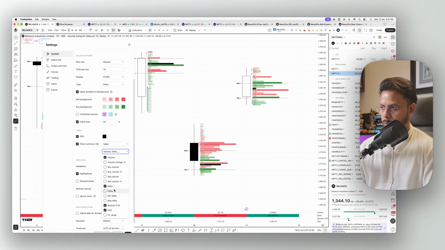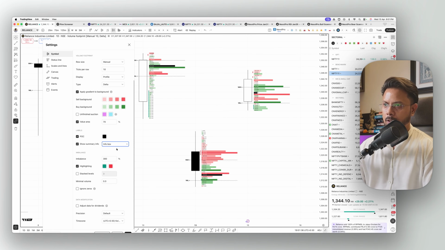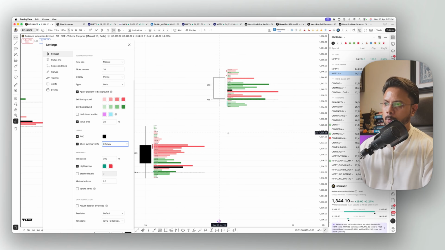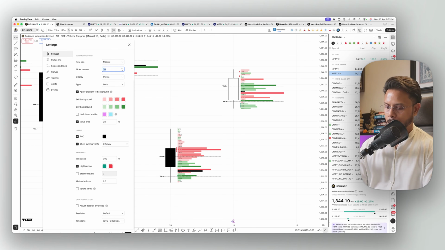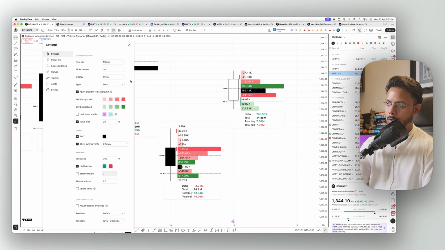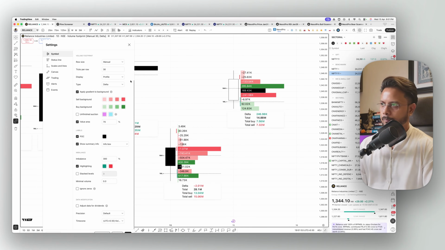You can choose what information you want, volume change, a lot of information. You can give it an info box, but the info box will only pop up depending on the scaling. As I said, if you make it 10 to 25 or 30, the info box will come below the candle. There you go. If you reduce it, it will not come. So it's like that.